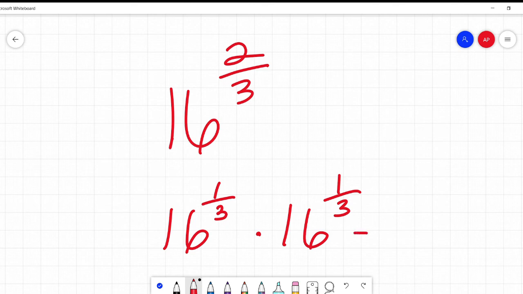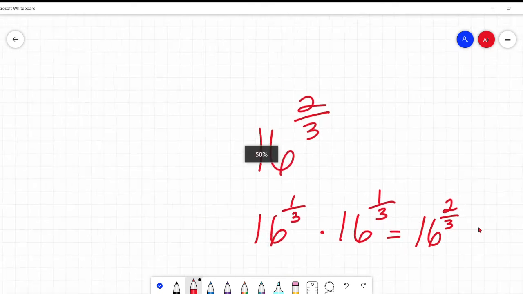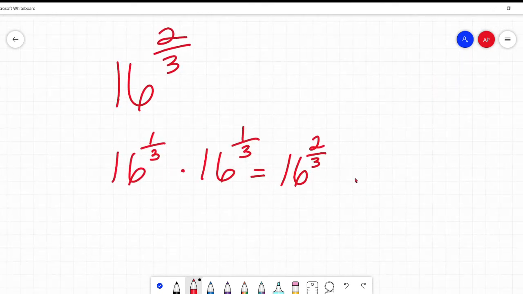We would add those together and we would get 16 to the power of 2/3, right? Okay, so this has to be equal to 16 to the power of 1/3 times 16 to the power of 1/3.